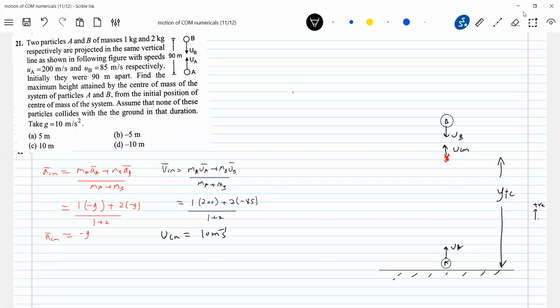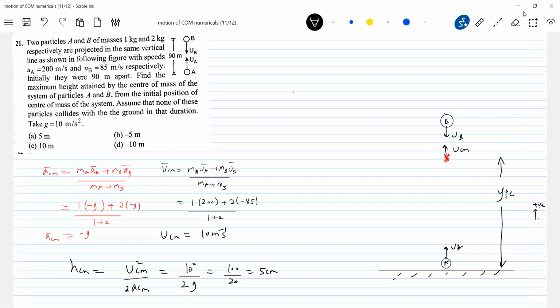Even if the center of mass acceleration varies with time, you can take help of all the formulas we earlier studied. So the height ascended by the center of mass is UCM square by 2 ACM, like H equals U square by 2g. So 10 square by 2 into g, it is 100 by 20, 5 meter.